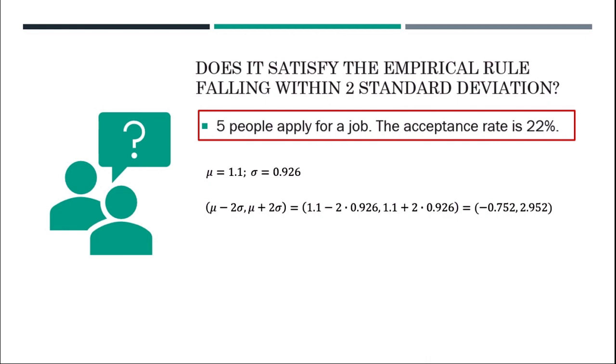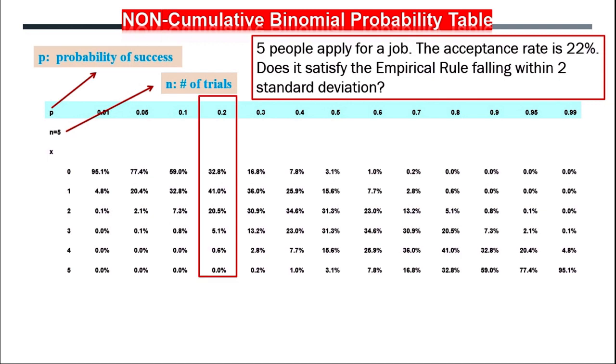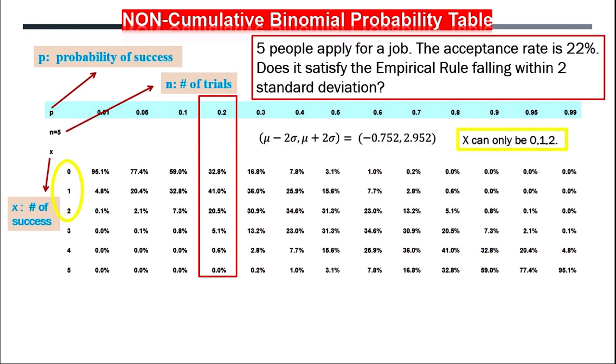So let's use the binomial table to find the probability. n is 5. p is 0.2. x can only be 0, 1, 2, so we take the probabilities for 0, 1, and 2.